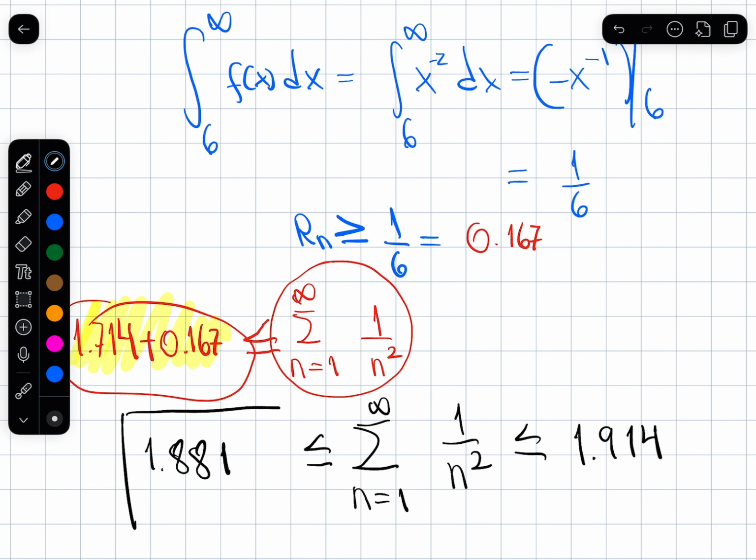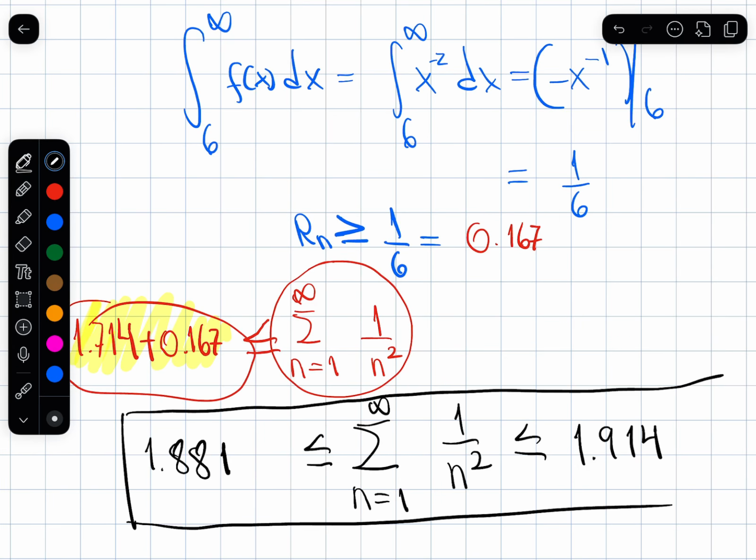So you see, we got a pretty good estimate for the sum of the series, even though we only added 5 terms. Of course, you need a calculator for that, but most of the time, I'm okay with you using fractions for your answers where you don't have a calculator, so that's also okay. See, it's a pretty small error, pretty small range.